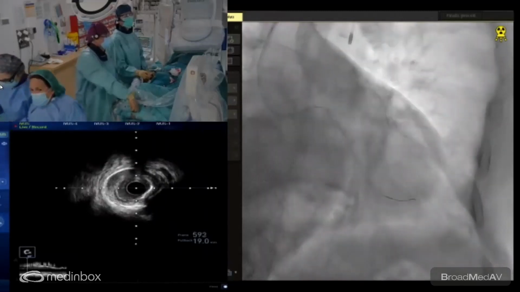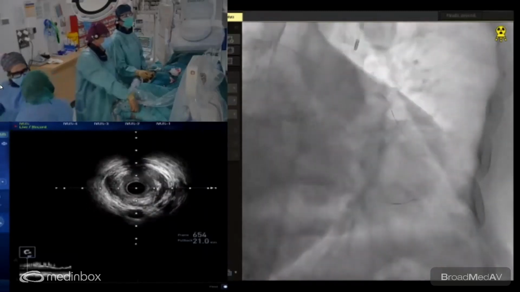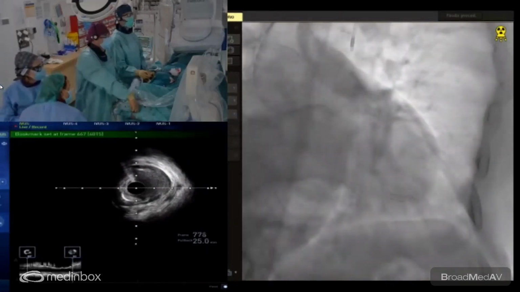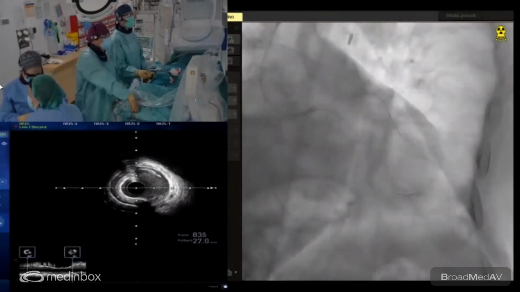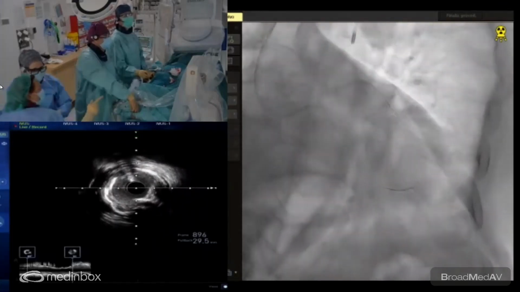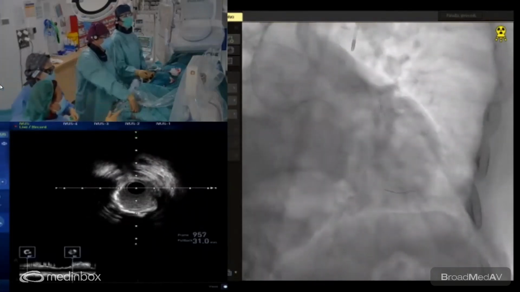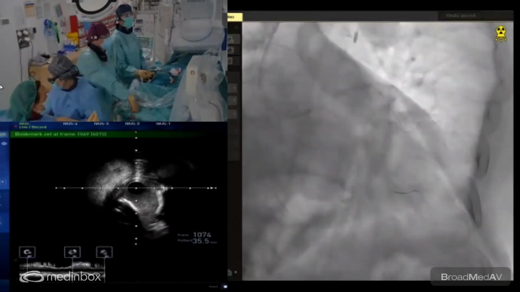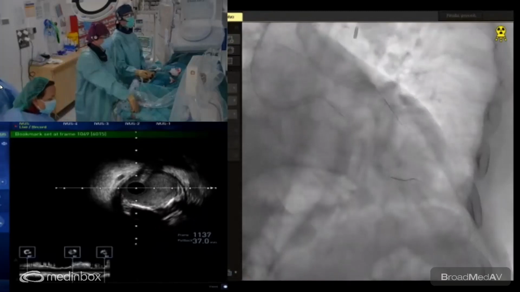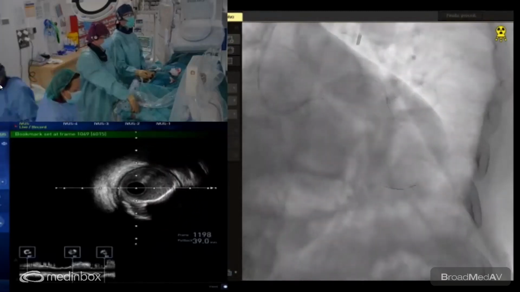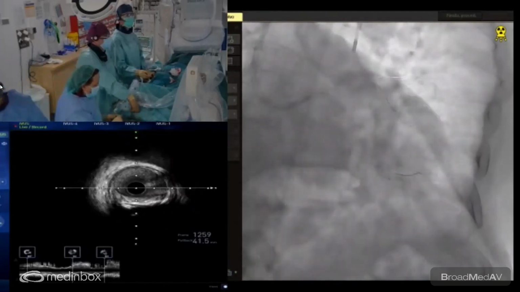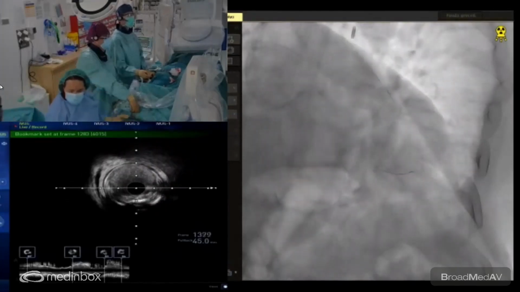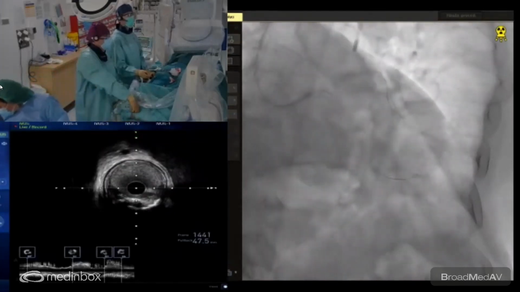Here the vessel is bigger, some dissection after the dilatations, more calcified here. Here, I think there are some fractures. And this is the proximal part and the branch. This is the proximal circ.